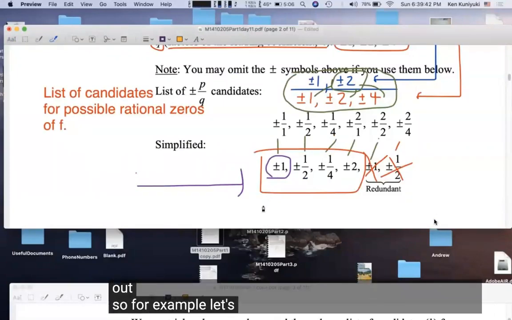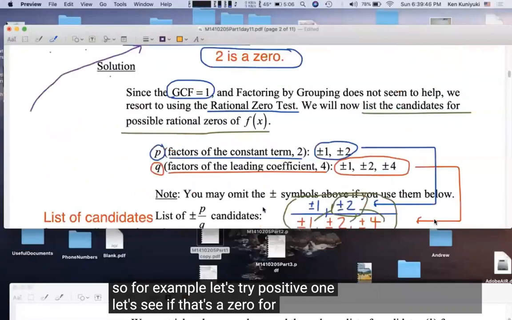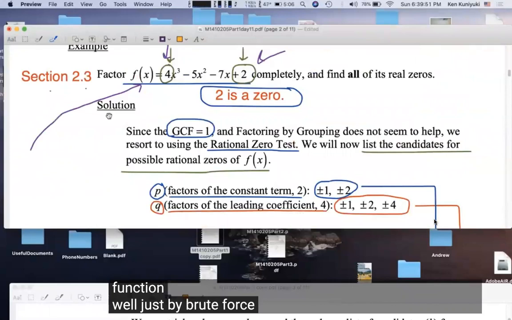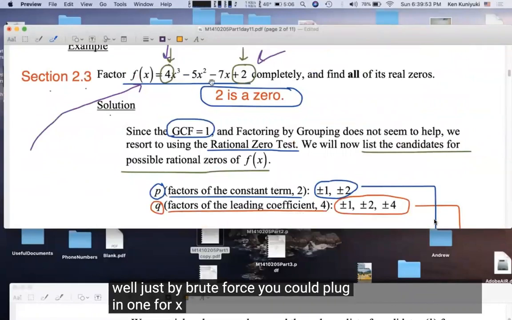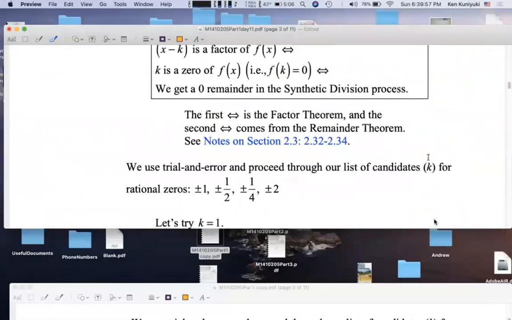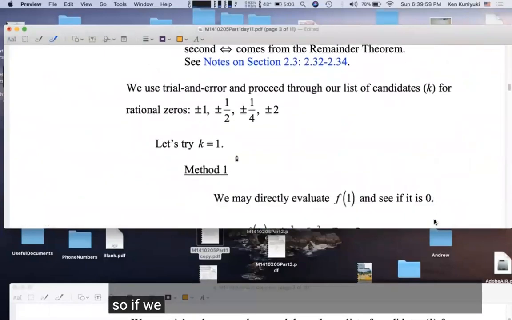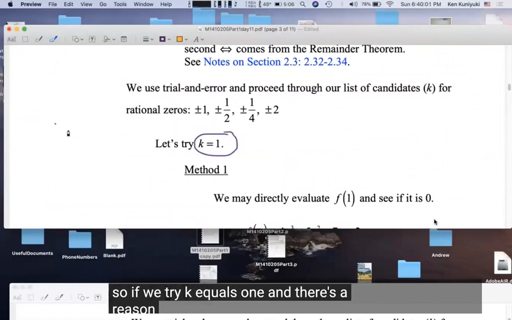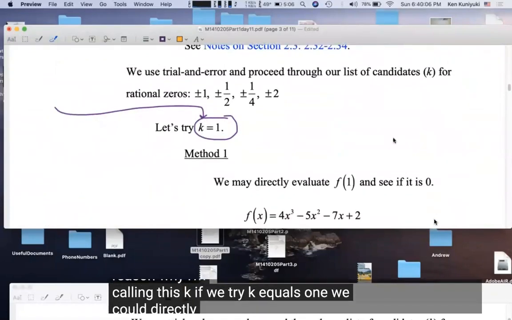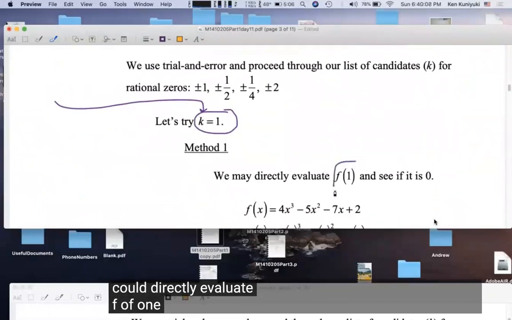So for example, let's try positive one. Let's see if that's a zero for this function. Well, just by brute force, you could plug in 1 for x and see what happens. Do we get 0? So if we try k equals 1, and there's a reason why I'm calling this k, we could directly evaluate f of 1 and see if it's 0.